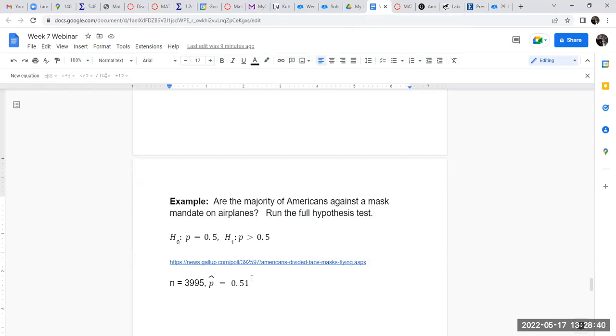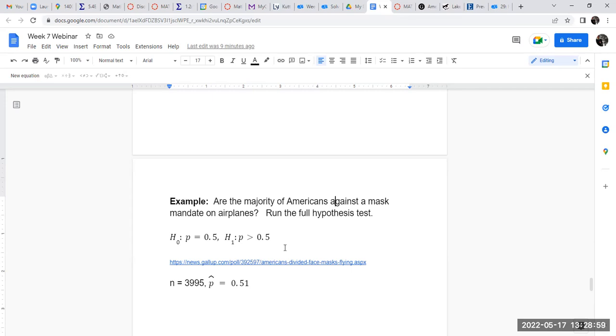I want to show you one more thing that's important for this week's discussion post. This week, you're not allowed to use things like Gallup. You have to use a peer-reviewed journal article.